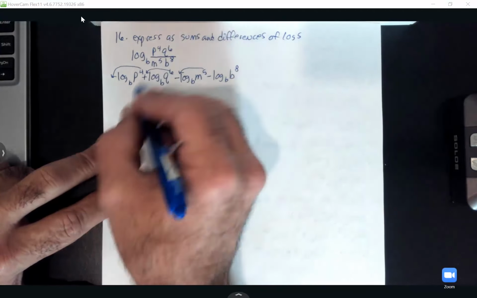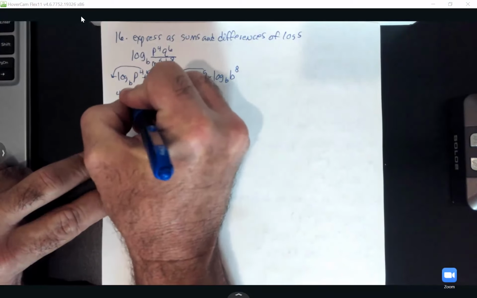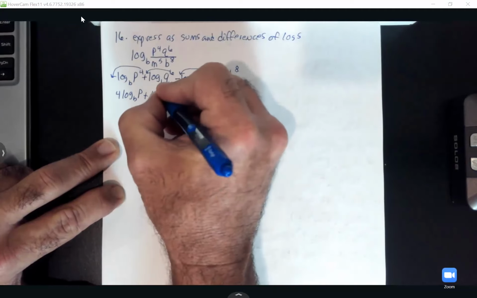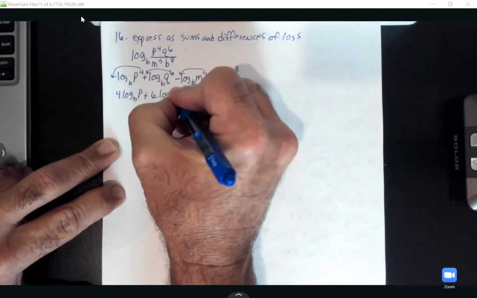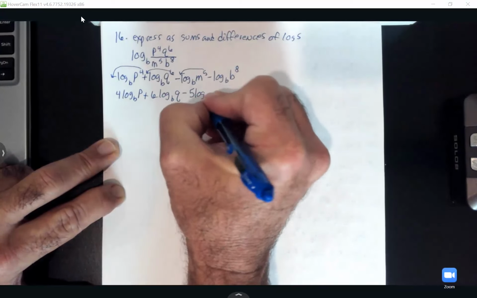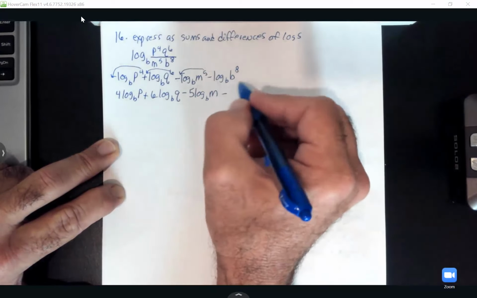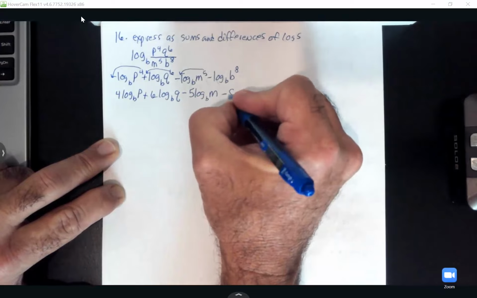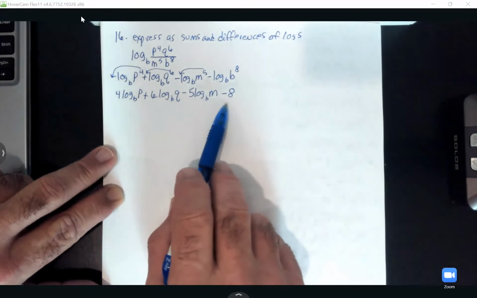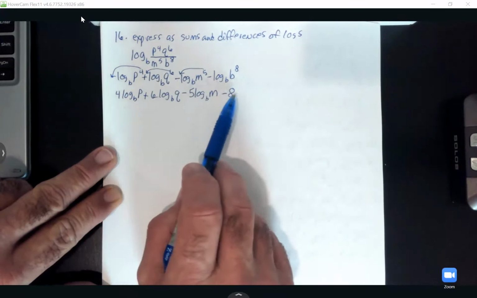So bringing the first 3 exponents down, we get a 4 log B of P plus a 6 log B of Q minus a 5 log B of M minus 8. Your answers will be exactly like mine, other than that 4, that 6, that 5, and that 8.